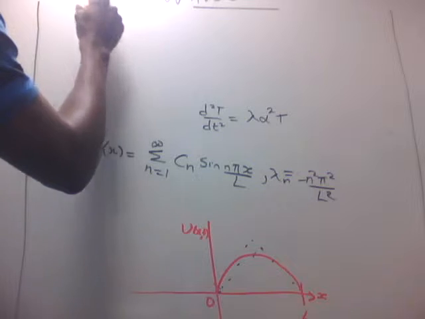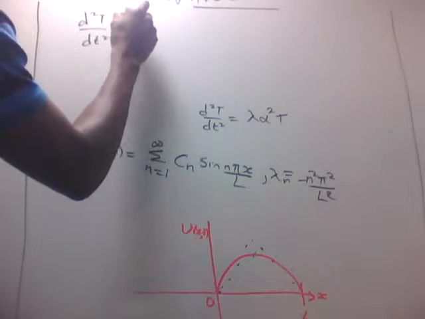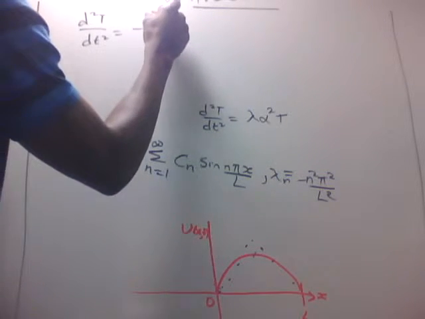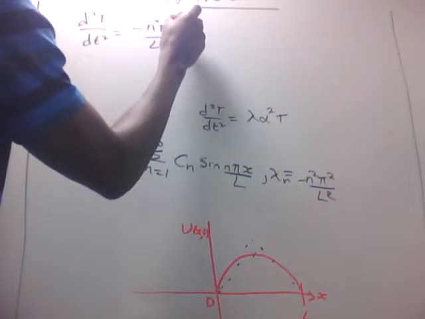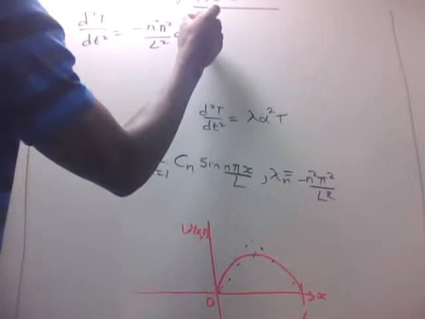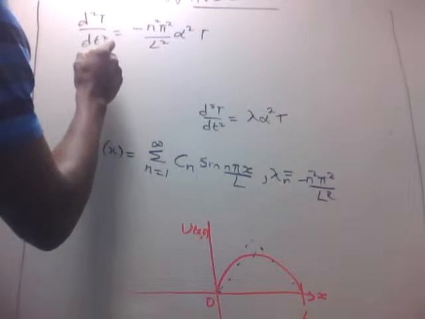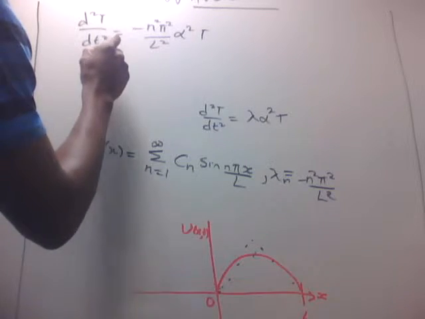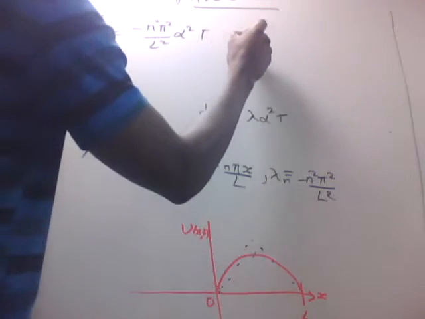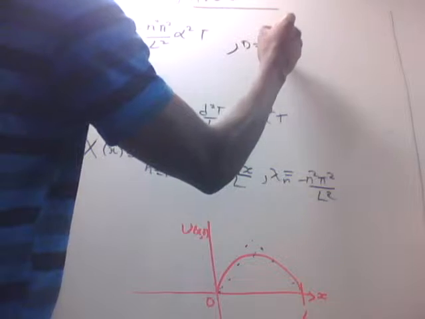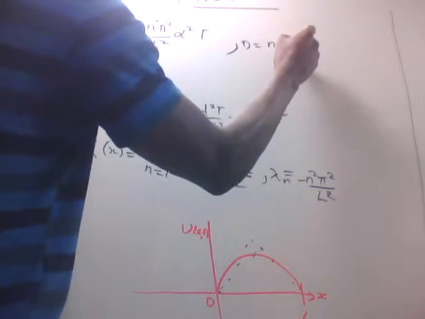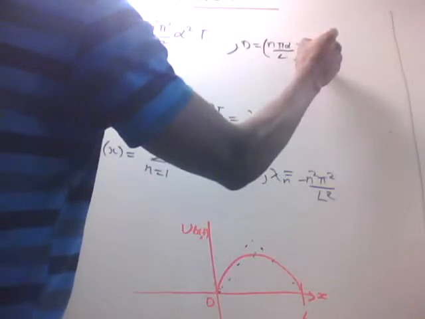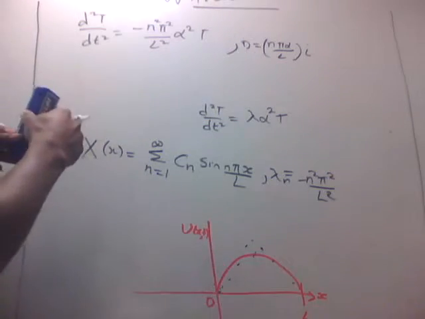Let me just write that up here again. d squared T over dt squared equals negative n squared pi squared over L squared alpha squared T. So, right, D in this case is n pi alpha over L i. So we have sines and cosines again.